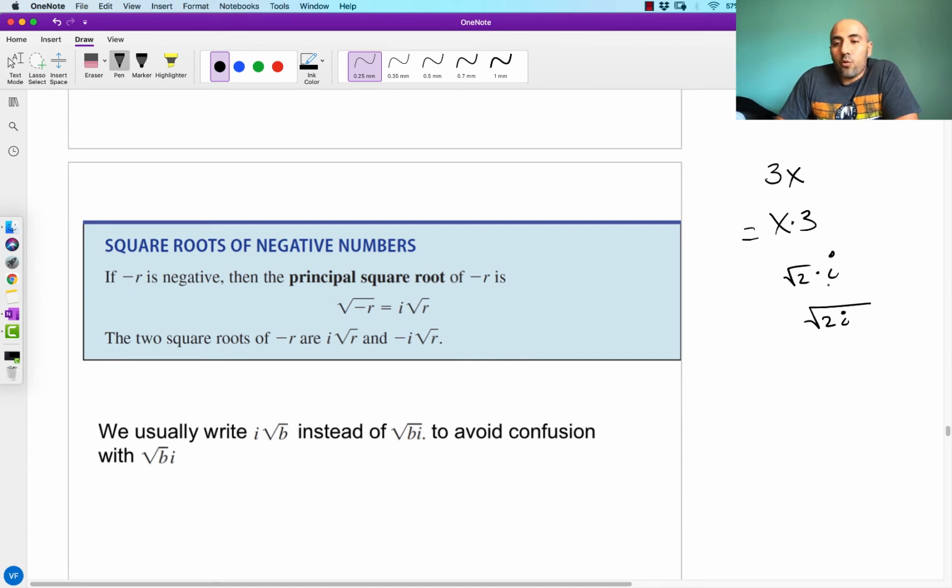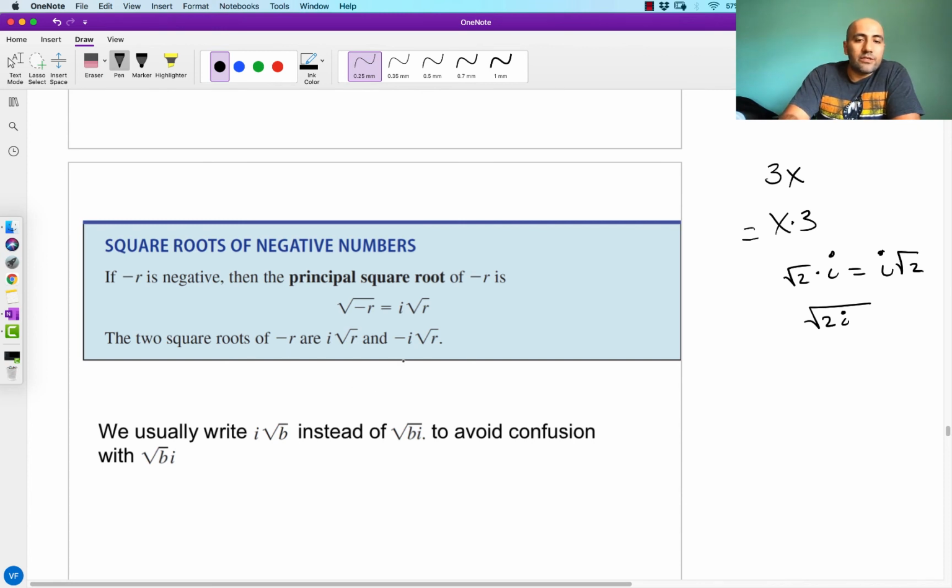So in order to avoid this confusion, we've adopted the idea that just in this case, we like to stick the i out in front. i root 2, right? Which is kind of like this. You're putting the letter in front and then the number, but it really helps with confusion. So that's what this is saying. We're used to putting the i in front of the number just in the case of complex numbers for this reason.